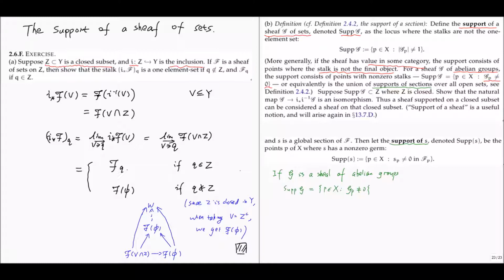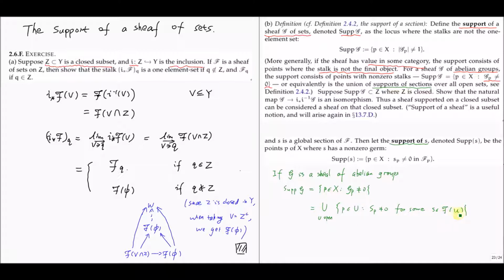But we can interpret this in the language of the stalk: the stalk of G at a point is not zero if and only if this point is in some open subset where there's a section in this open subset such that the germ of this section is non-zero at this point.